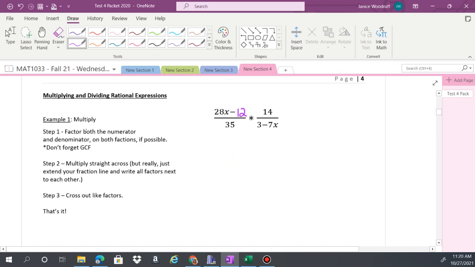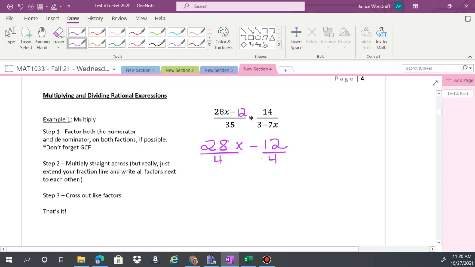Okay, so first thing you're going to do is you're going to factor each term as much as you possibly can. So let's see here, 28x minus 12, can I factor that? I think I can at least pull a 2 out. Anything bigger? 4, yeah, I can pull 4 out. Good.